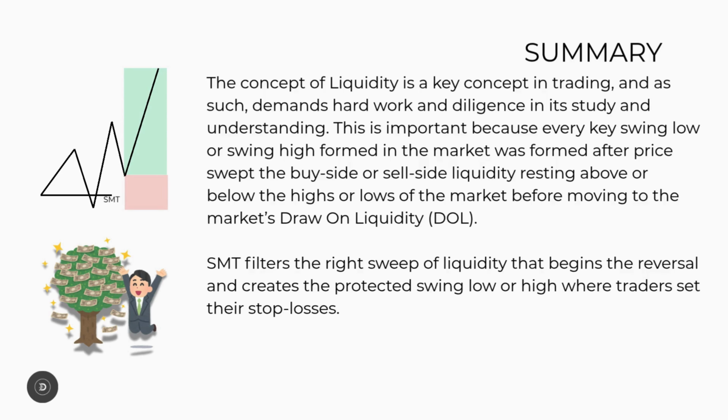This is for a reversal trade. So if the market has been bullish all day and you're expecting a reversal on that day, what you want to see the market do is take out an opposing liquidity.